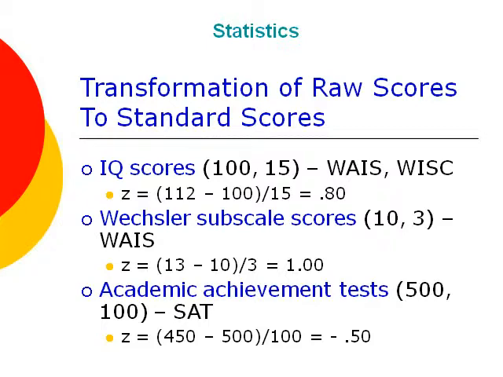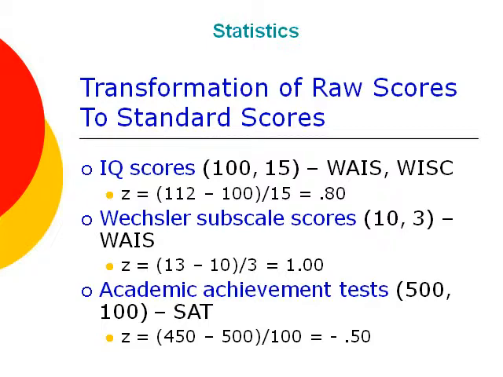Many achievement tests, memory, and intelligence tests use IQ standard scores, the most important of which is the Wechsler Adult Intelligence Scale series and the Wechsler Intelligence Scale for Children series. The Wechsler Intelligence tests also use another important standard score transformation for its subtests.